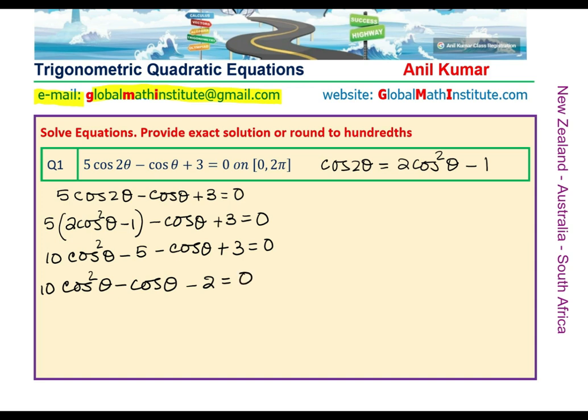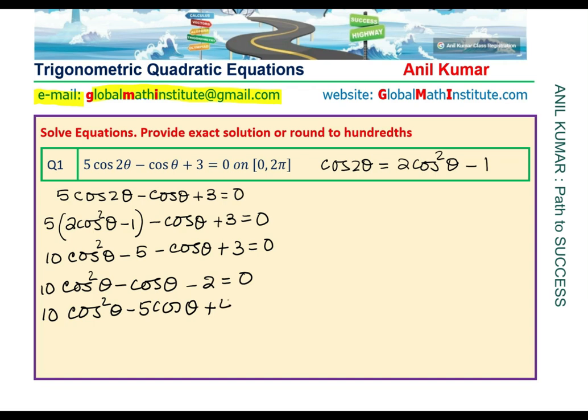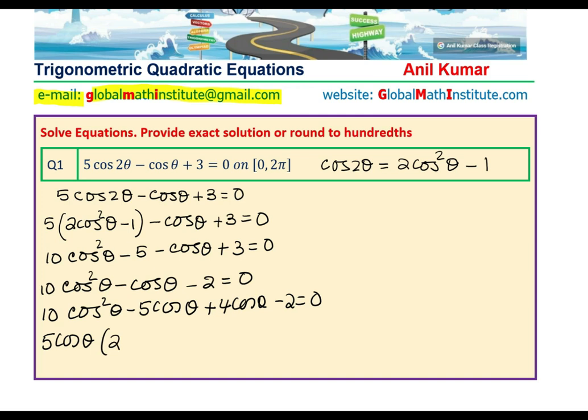Now we need to factor this. 10 times minus 2 will be minus 20. We need sum to be minus 1. So 4 and 5 work for us. So we'll write this as 10 cos square theta minus 5 cos theta plus 4 cos theta minus 2 equals to 0. Factor out 5 cos theta, and that gives you 2 cos theta minus 1 plus, we can factor out 2 from here.